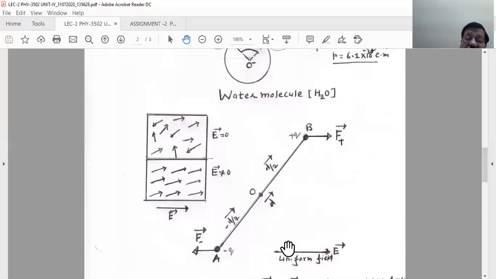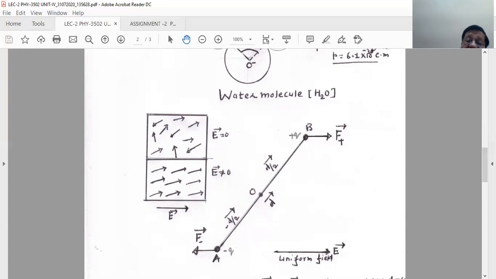Now you see that because you apply your electric field along the x direction, your positive charge will experience a force. So I write here a vector F with a subscript plus, which indicates the force acting on the positive charge of the dipole. And here I write F minus, the force acting on the negative charge of the dipole. The force acting on the positive charge is in the direction of the applied field, and F minus, the force acting on the negative charge, is in the opposite direction.